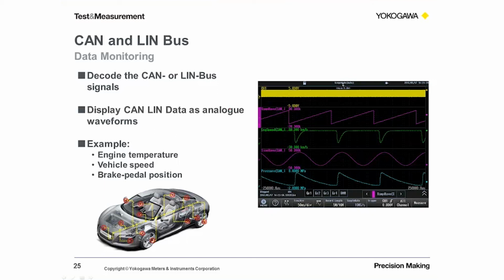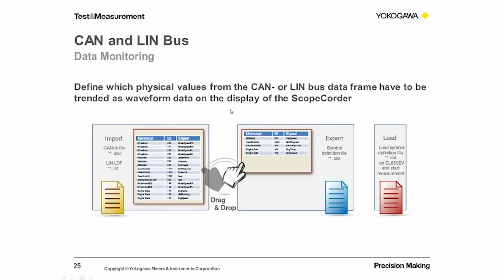Essentially, in the CAN example, we take in the CAN DBC file, which describes every signal in the CAN bus, and which has been generated during the development process of the CAN bus. We can then very quickly choose which signals to implement, and export those and import those into the ScopeCorder. This means it's very quick to do.